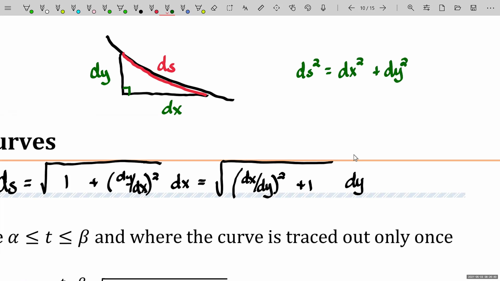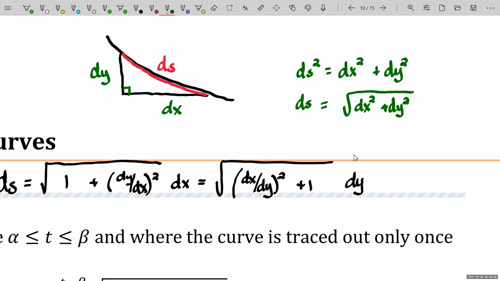And then we took the square root of both sides. It's a positive square root because s is an arc length, so that's always going to be positive. And we got down to this, although I had deltas, not d's, but that's okay.